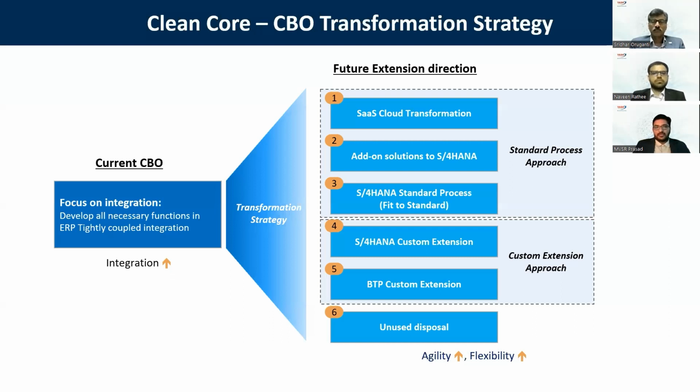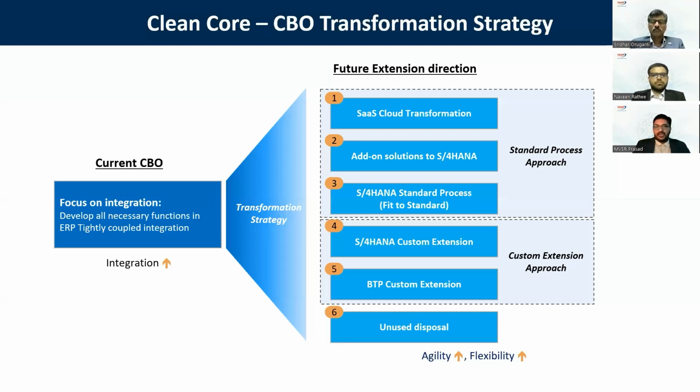Customers are getting experience with the SaaS-based solution, right? So at the same time, to have the SaaS-based experience, we have to keep the same approach for the CBOs as part of the custom extension approach, providing the same user experience and also the cloud-ready approach.